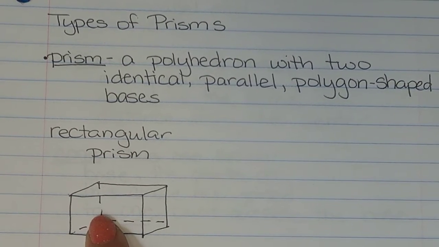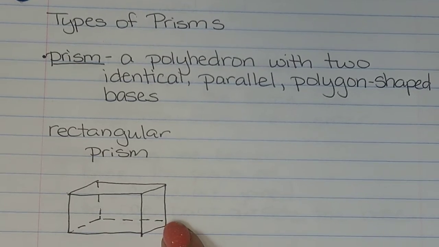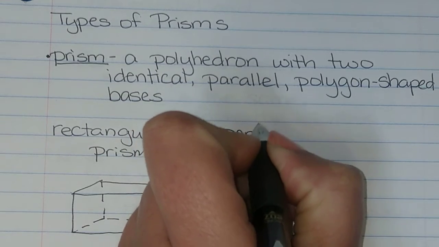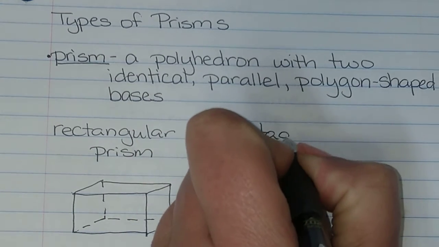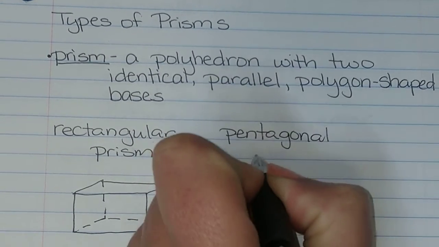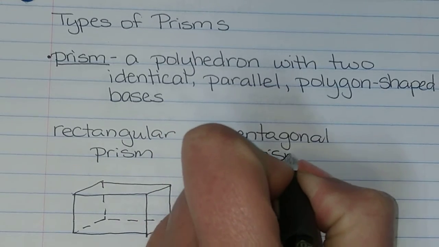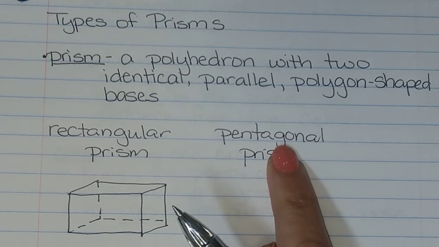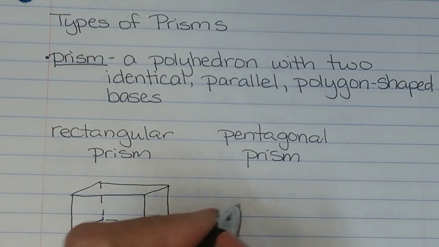Let's look at another one. Maybe we have a pentagonal prism. You can see that the root word in pentagonal is pentagon, or a five-sided shape.